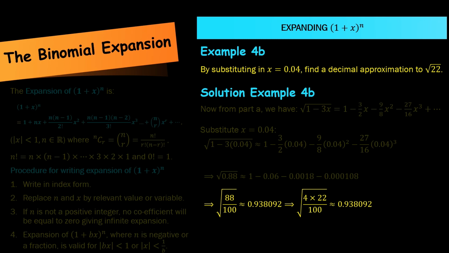We can re-express this as shown. Notice that we now have 4 times 22 in the numerator, and this is how we can start to find an estimate for root 22. Root 4 over 100 is equal to 2 over 10, and of course root 22 can be left as shown.